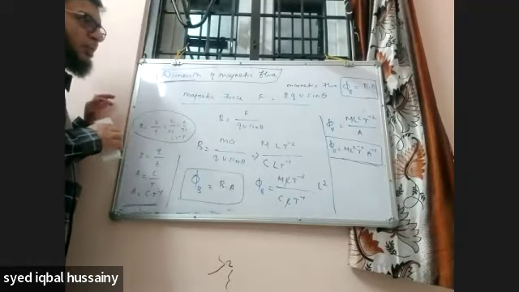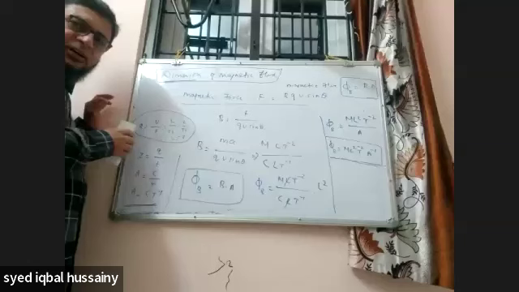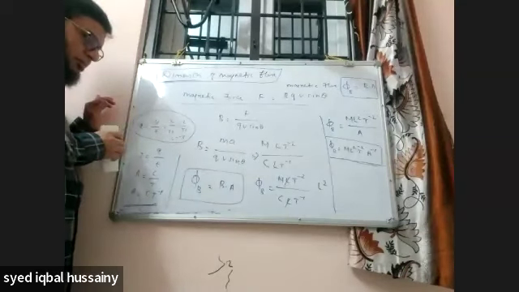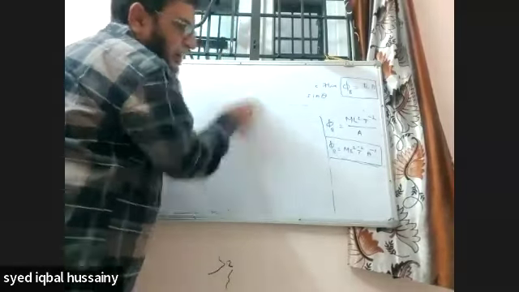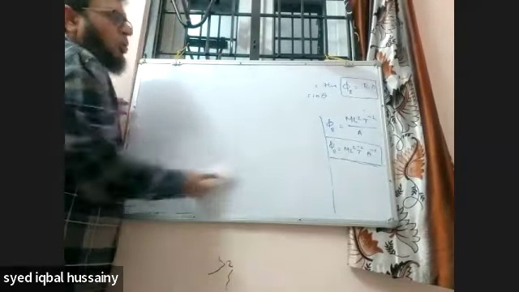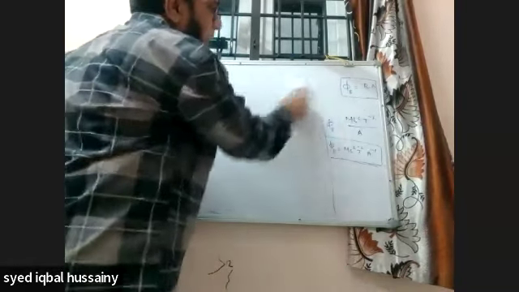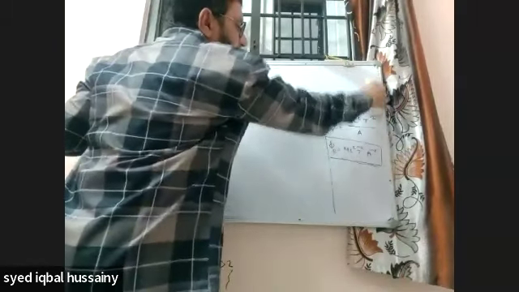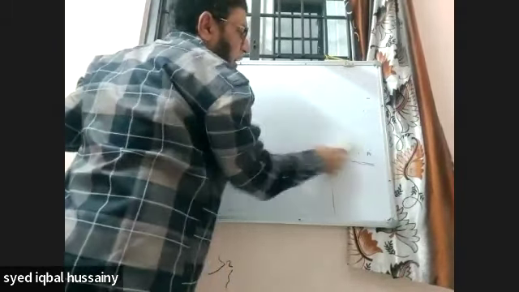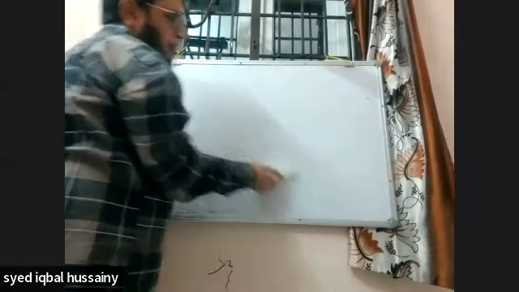Suppose you find difficulty in all the steps, you have forgotten all the steps, at least remember this: ML square T power minus 2 A power minus 1. But you should know how we get this formula. All the things you should know.